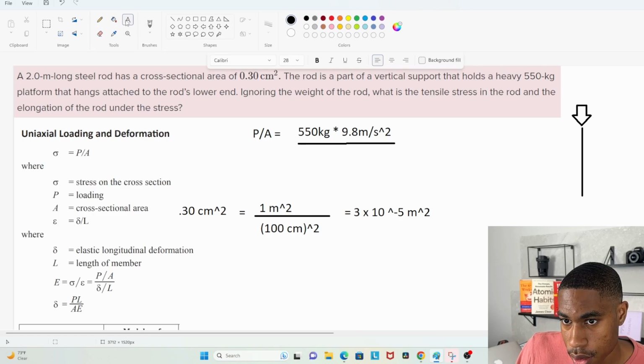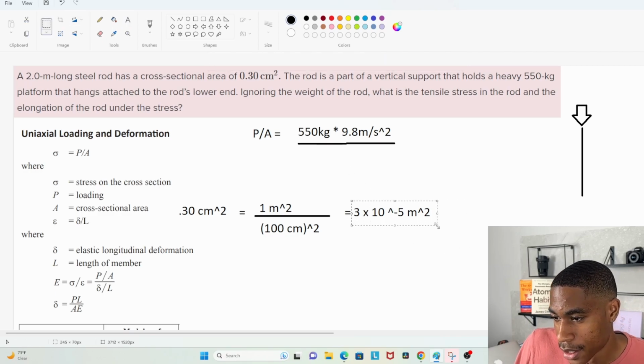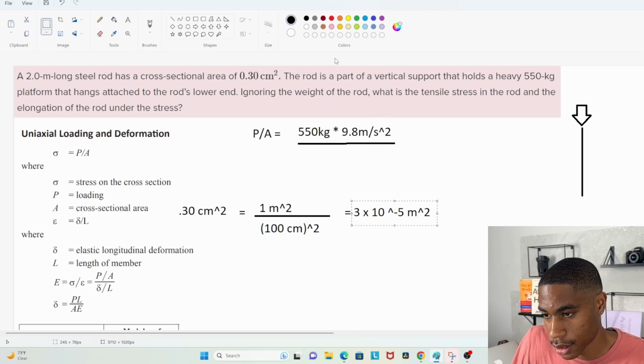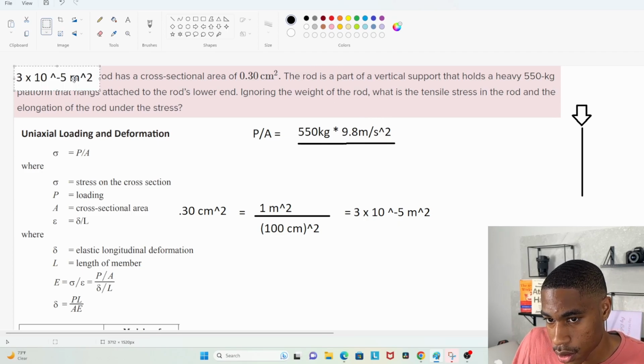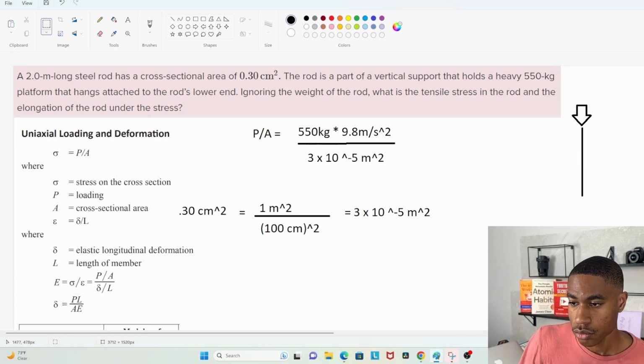I am just going to, or can I copy this? Still getting used to my tools, so we'll see if I can control. I can. Very nice. Okay.